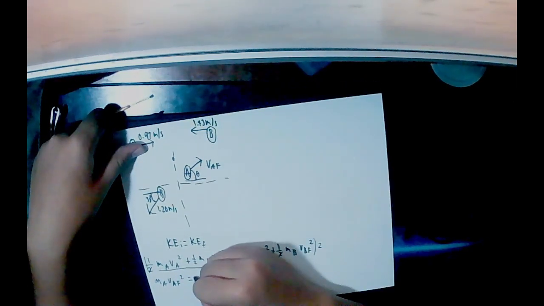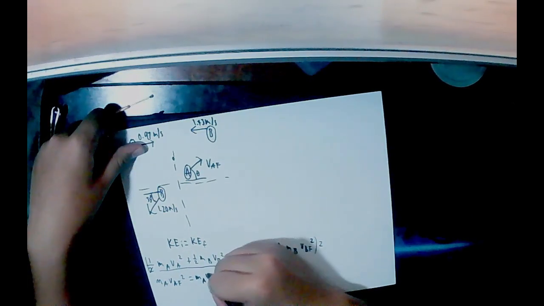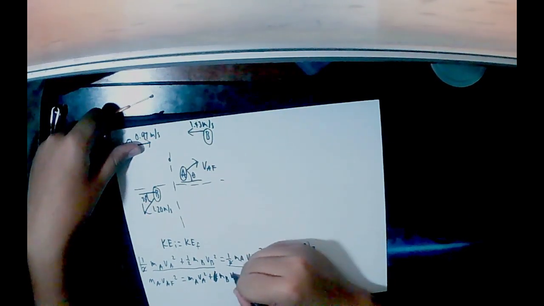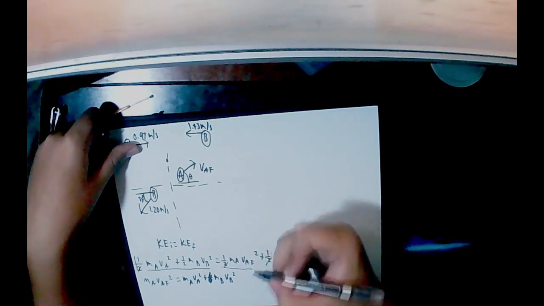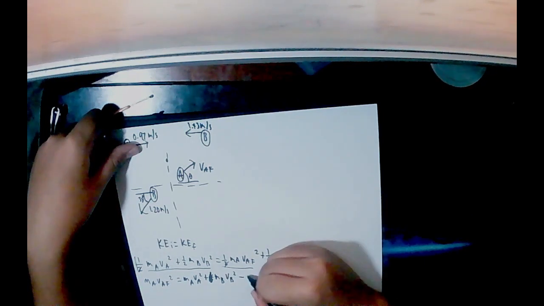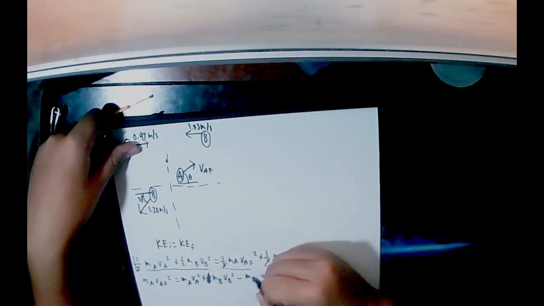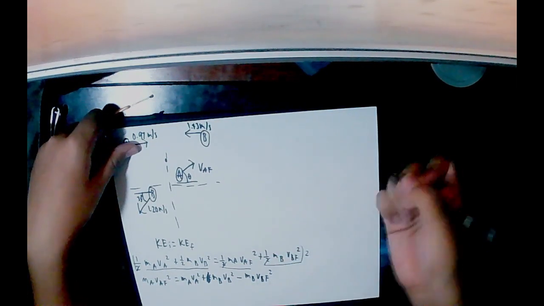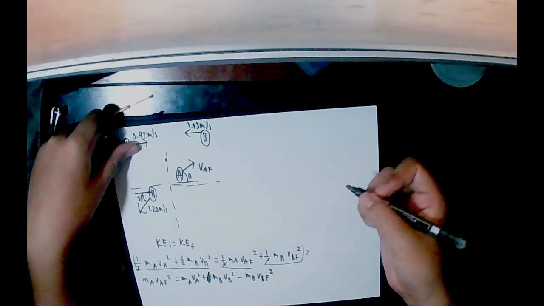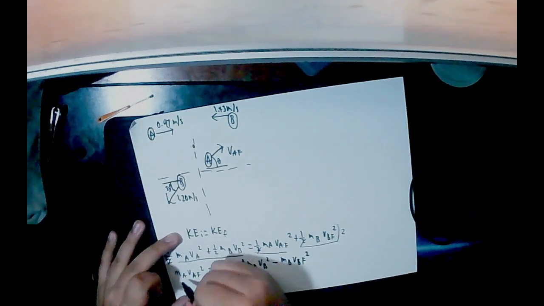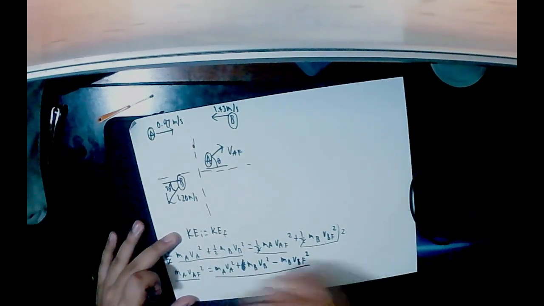Ayan. M A V A squared plus M sub B times V sub B squared minus, since nilipat natin to sa kabila, M B times V sub B F squared. Ayan. Tapos, divide natin both sides by MA.